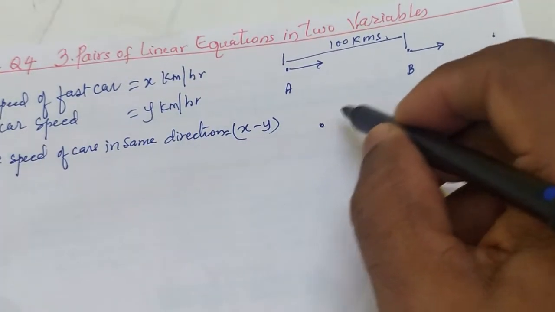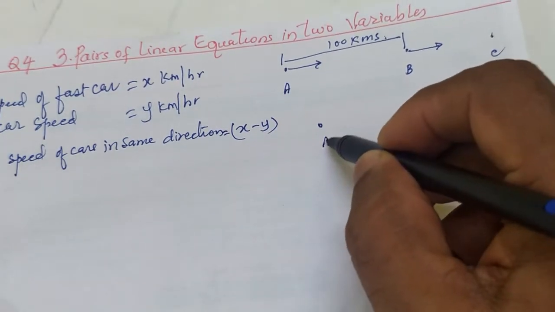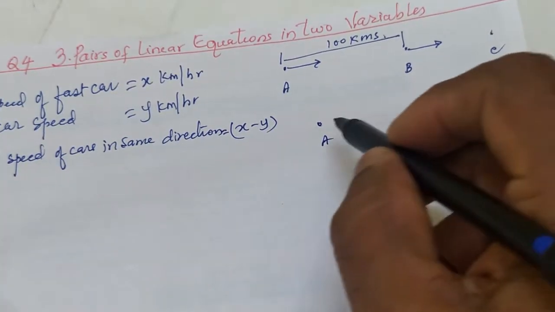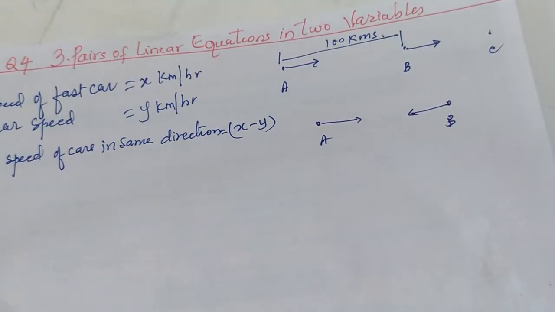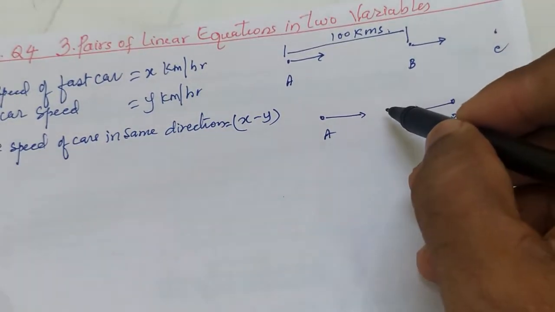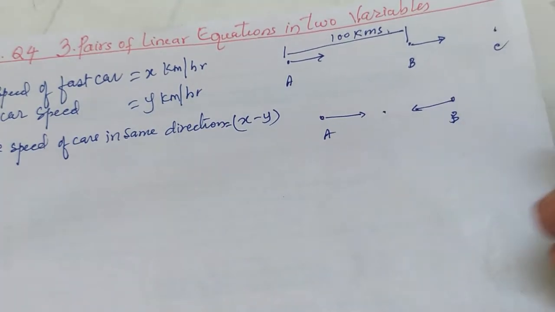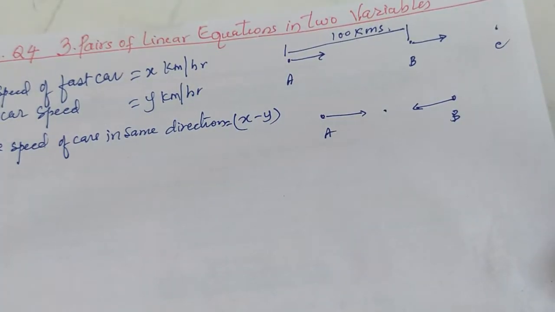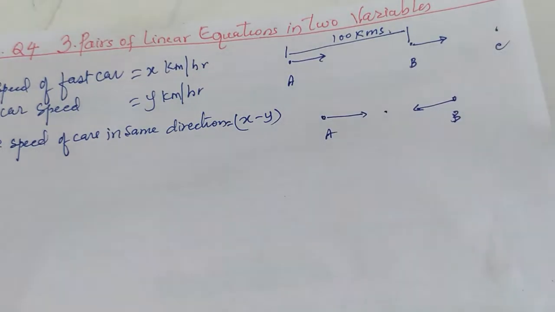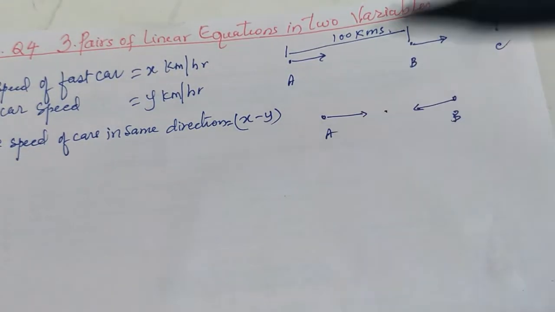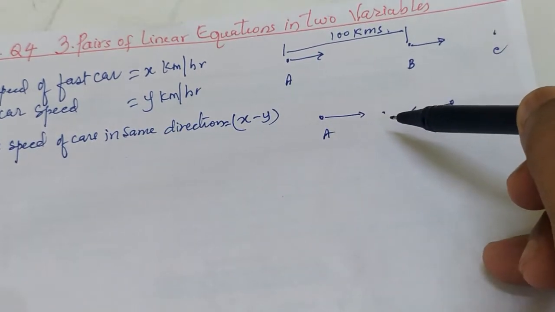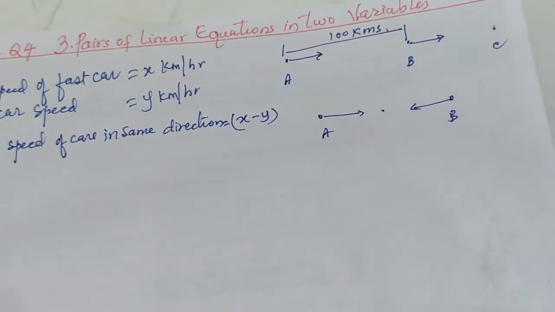And when they are traveling, say this is one car, A and B from a point, and they are traveling opposite to each other, when they meet each other, say at this point, like when there is an accident, both the cars meet each other, one is 20, one is 30, they meet at a point, the accident point is 50. So both the speeds are added up.